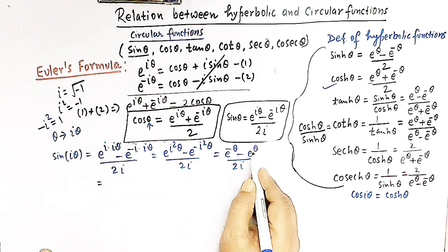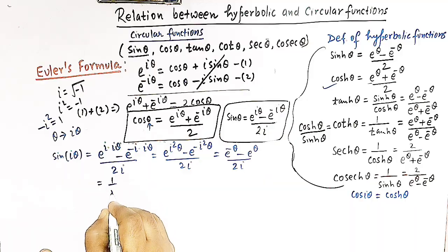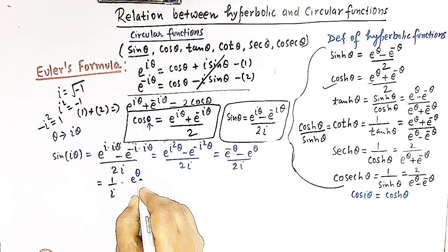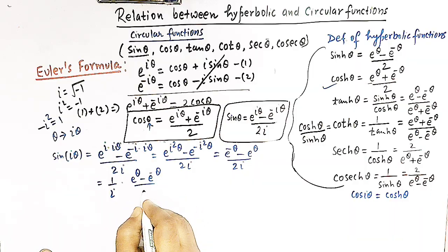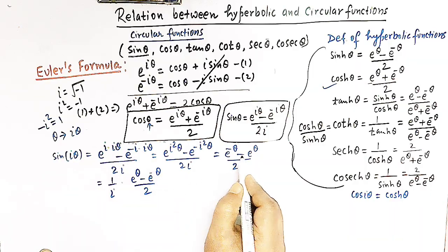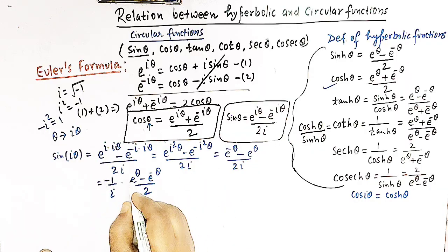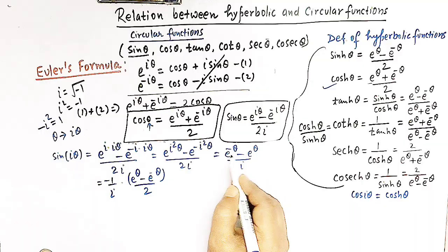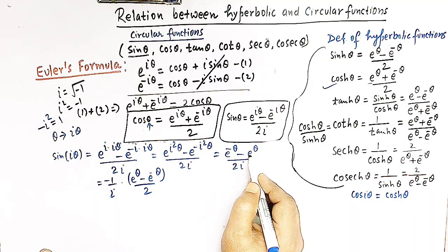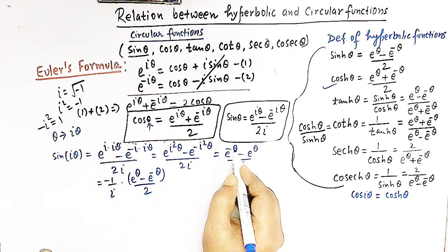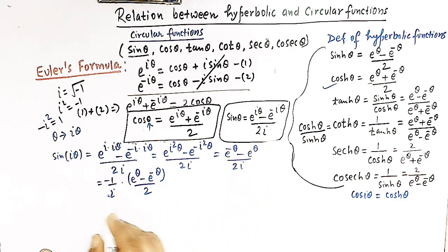So we can also write this expression as 1 over i times e raised to theta minus e raised to minus theta over 2, taking negative 1 common. Here we can write the negative sign, and we can reverse these two terms. So we have e raised to theta minus e raised to minus theta over 2 multiplied with this factor minus 1 over iota.